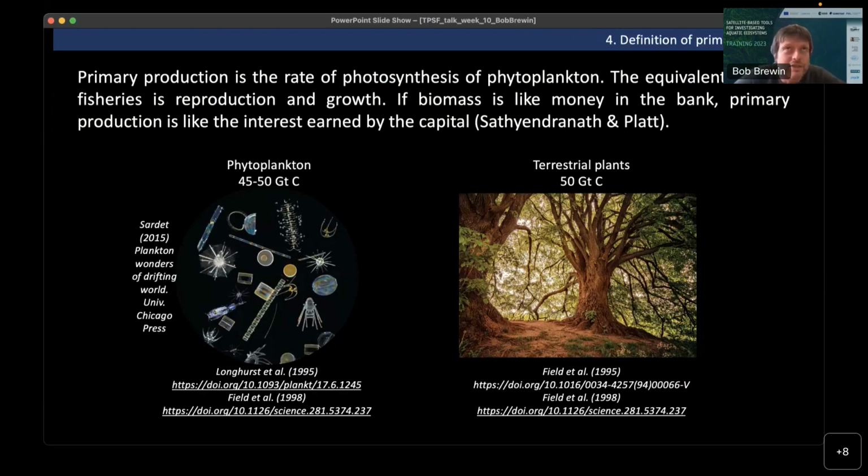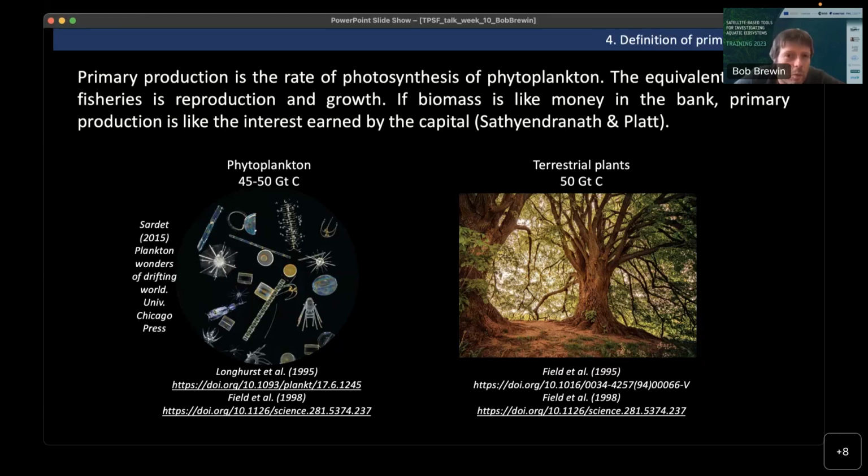The equivalent term in fisheries is sort of the reproduction and growth of the fish. I like this term, I think it was coined by Schubert and Trevor a while back, saying that if biomass is like money in the bank, primary production is like the interest earned by the capital. So it's a nice way of separating out what biomass and primary production is.